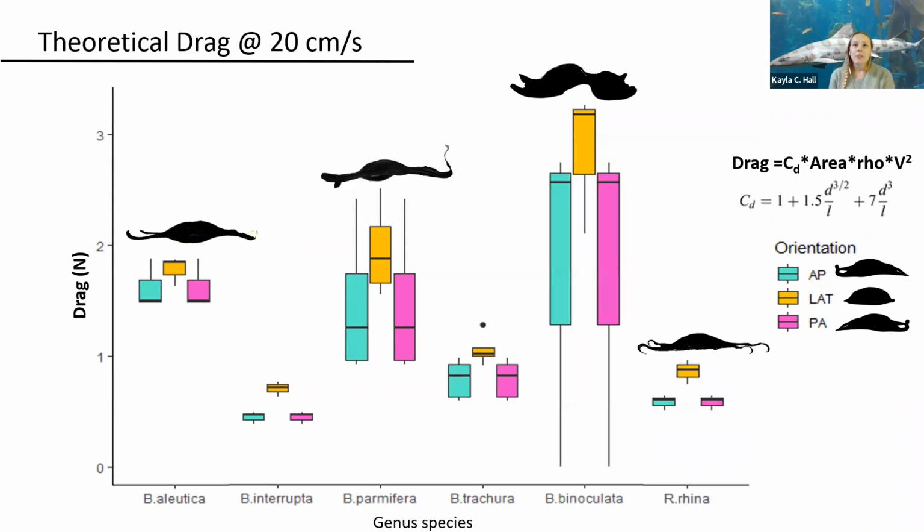So here we have the theoretical drag based on the morphology of each egg case at a constant velocity of 20 centimeters per second. And we calculated the drag coefficient based on an equation for the wetted area of a streamlined object. And what we can see here is that our bigger shapes in general have higher drag than the more streamlined species like Rhina, which has a lower drag.